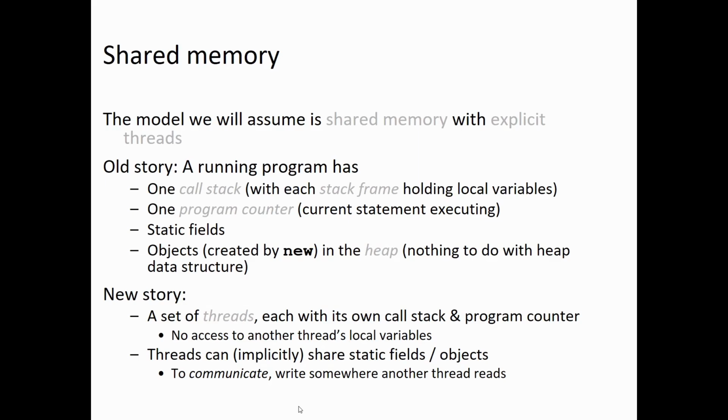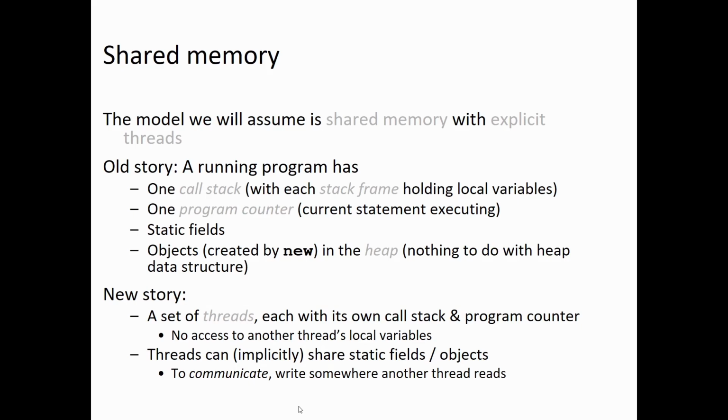But here, each thread will have its own stack and its own program counter. Therefore, since each thread has its own call stack, there is no way to access another thread's local variables. But since we have a common heap, we can access or share static fields and objects.